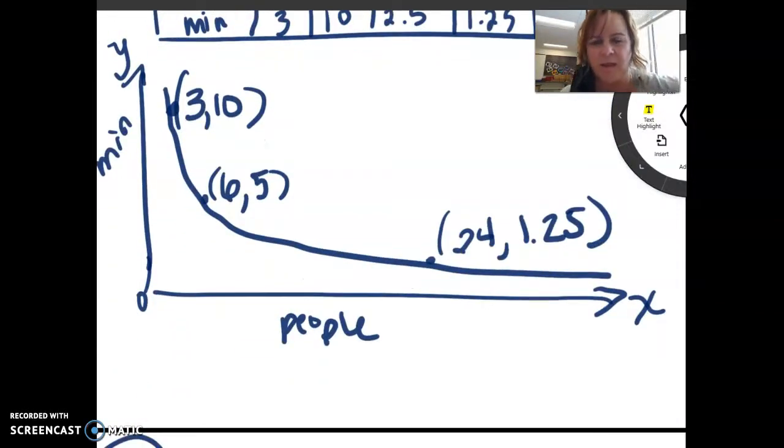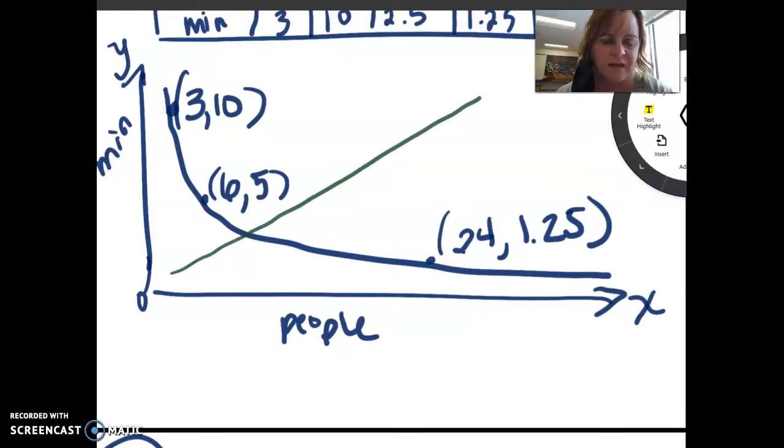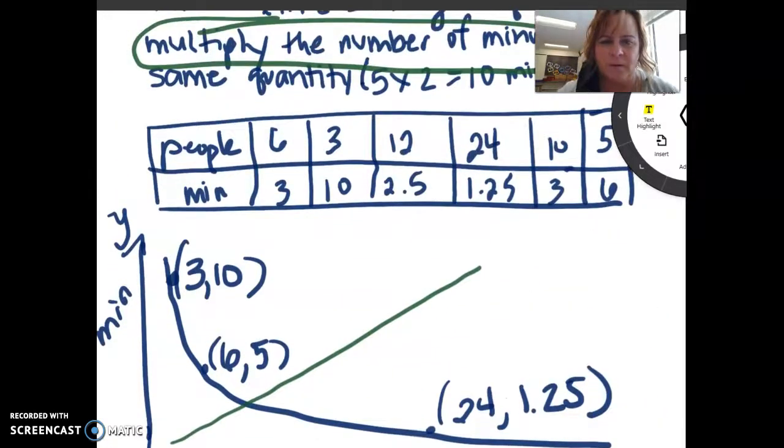You can see that our line isn't proportional like this direction per se, like we're going to see in another problem, but rather it is inversely proportional. So I just included 3 of the dots on the graph here that come right from the table, but you can see that as the number of people increases, the number of minutes decrease.